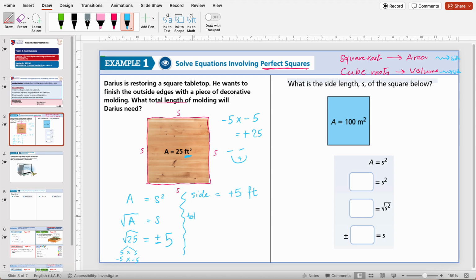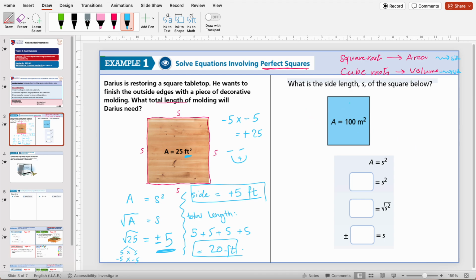Now, the total length of molding he needs is all the sides: 5 plus 5 plus 5 plus 5, or 4 times 5, because it's a square, which gives me 20 feet. So he needs to buy 20 feet of molding. We found the side length, we found the molding he needs, and we can understand that a square root can always give a positive or negative answer, okay?